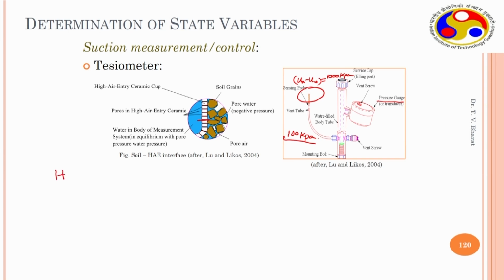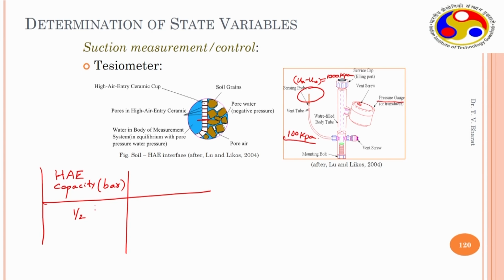The high air entry disc, which is a ceramic disc, has its capacity, the HAE capacity, expressed in bar. 1 bar is atmospheric pressure. So, if it is a half bar, that ceramic disc will have a pore diameter of approximately 6 into 10 power minus 3 millimeter, which is equivalent to the air entry value in kilopascal.